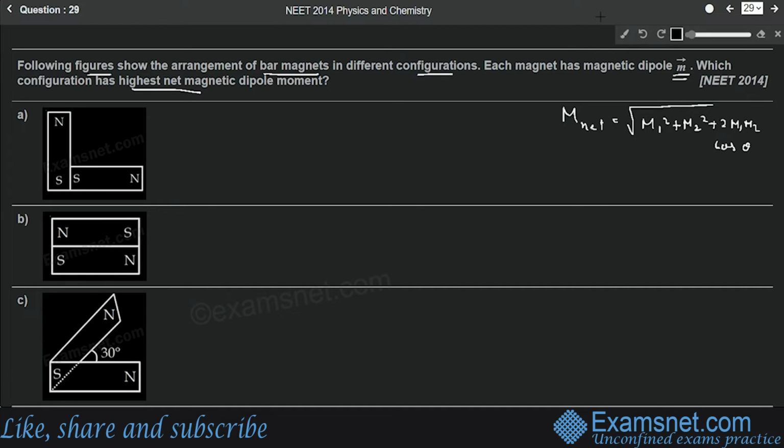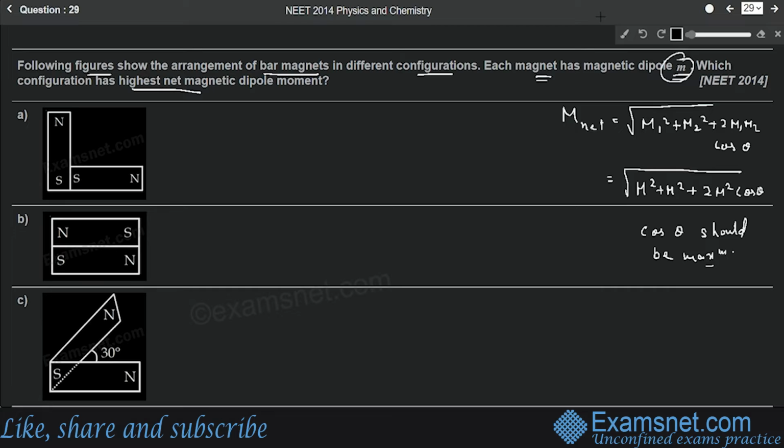Here it is given that each magnet has the same magnetic dipole, that is vector m. So m1 is equal to m2, that is equal to m. Let's put this value here: m square plus m square plus 2 m1 m2, that means 2 m square cos theta. From here we can see that cos theta should be maximum for the maximum magnetic dipole moment.